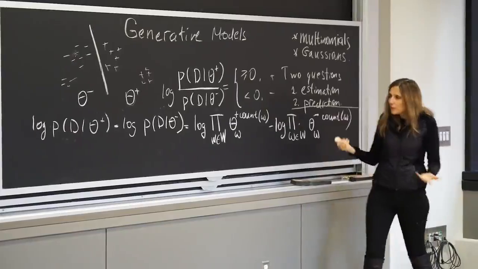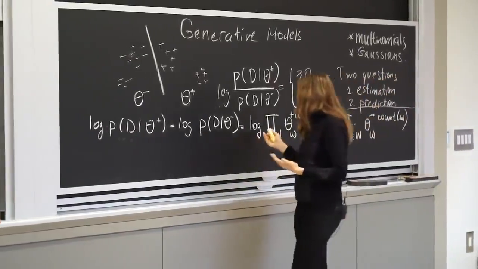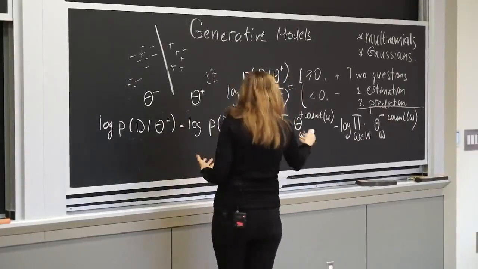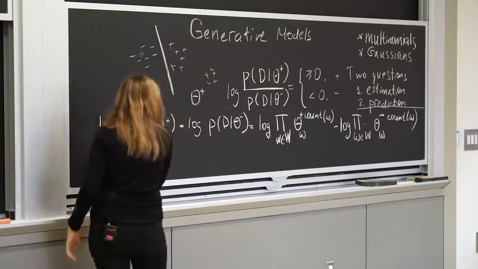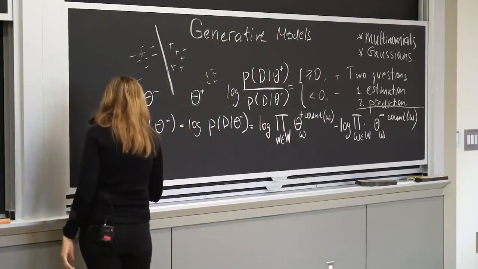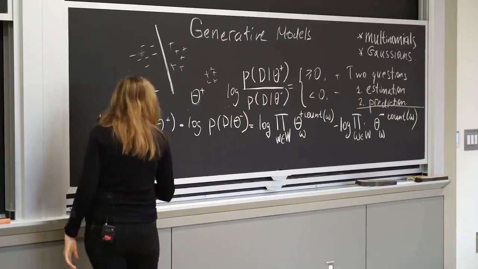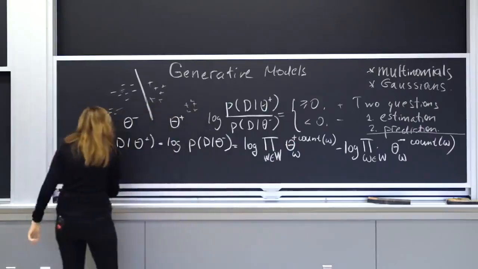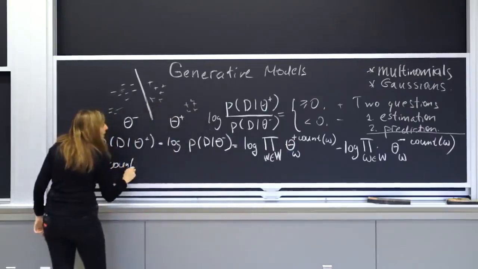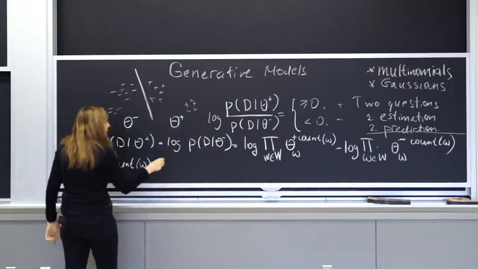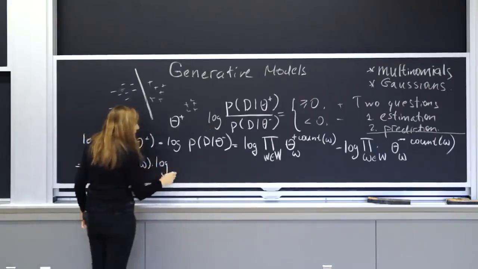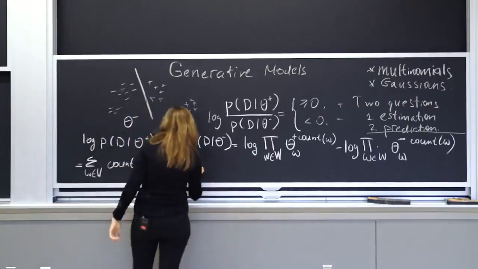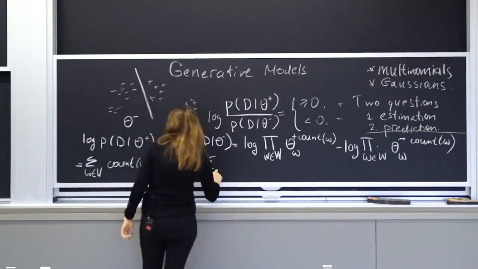Okay, so now what we can do, we can continue to do some manipulation, and again we remember that log of the product, it's a sum of logs. That's what we're going to do next, and I'm going to write sum over all the w's. Then log of this expression would be actually count w multiply by log theta w plus, and very similar expression for the negative class.